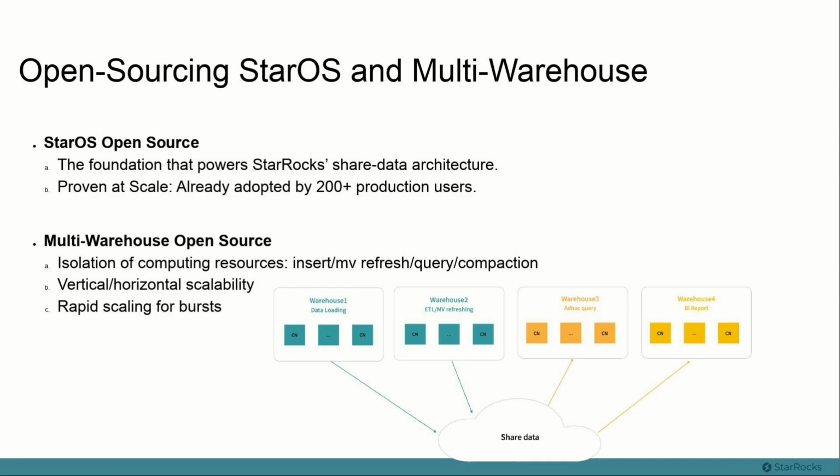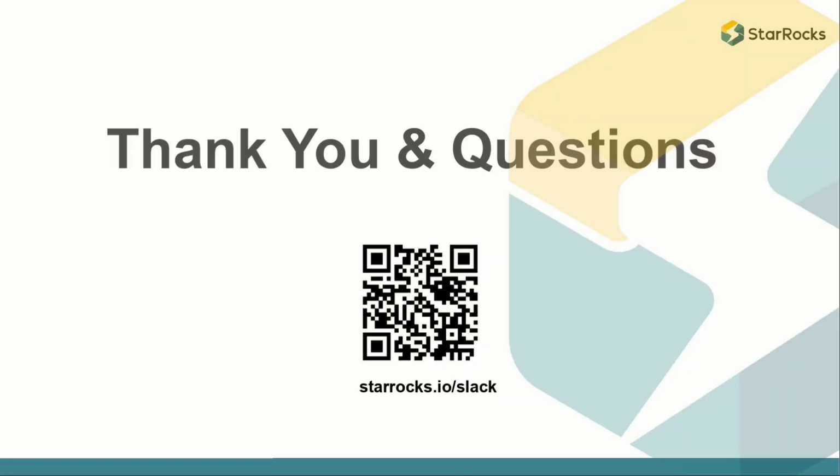So you can isolate different kinds of workloads to make sure that all of your tenants and all of your workloads have the appropriate amount of resources to hit their SLA goals at all times. So we want to be more open, with StarOS and multi-warehouse. This is actually all we have.